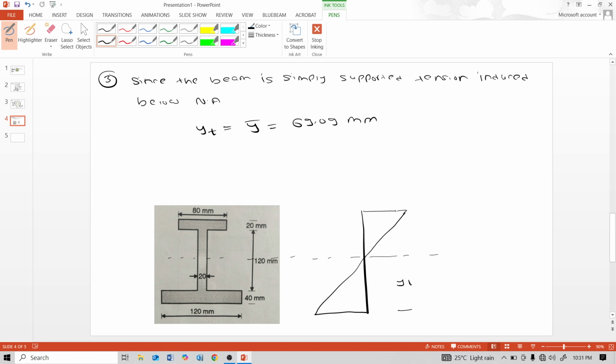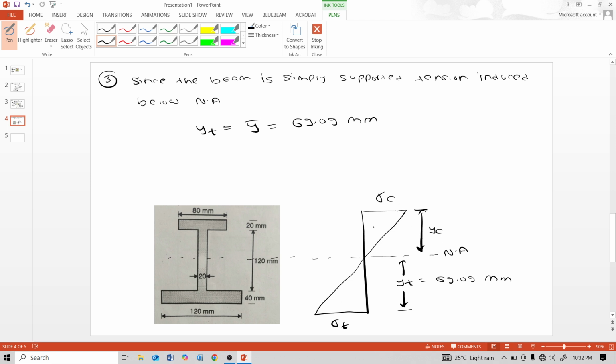This is yt, 69.09 mm, and this is yc, and this is the neutral axis. At the neutral axis stress is 0. Stress at the compression side, stress at the tensile side.